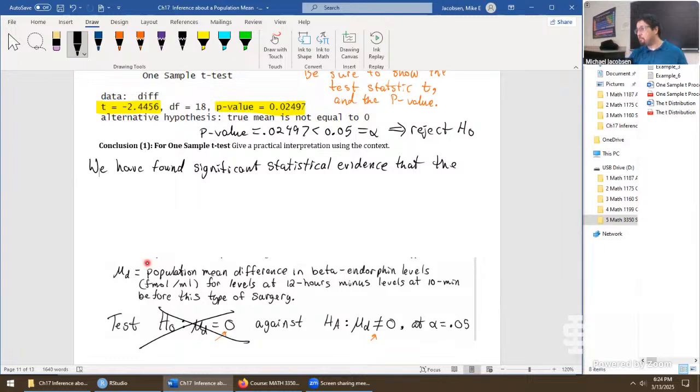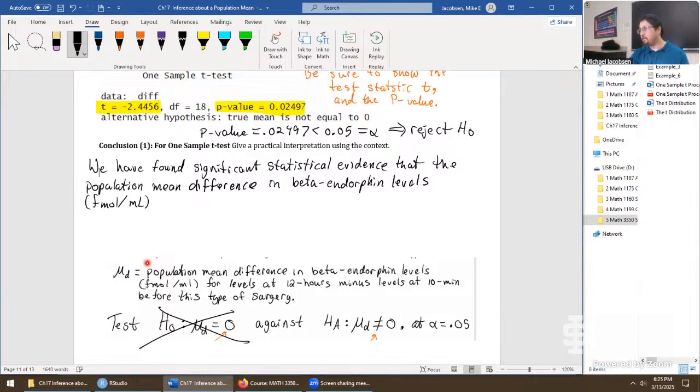So we'll say that the population mean difference in beta endorphin levels, and this had a unit, femtomoles per milliliter of blood, for 12 hours minus 10 minutes before surgery levels.